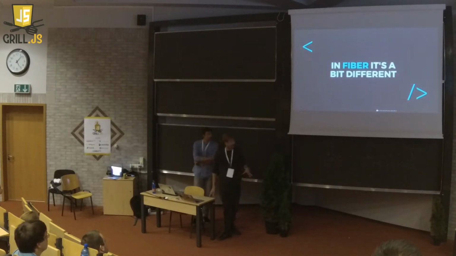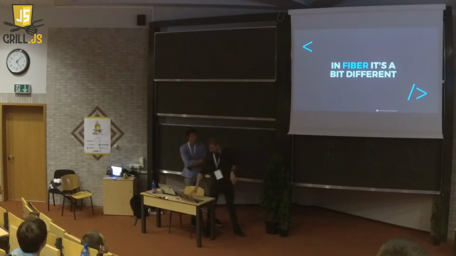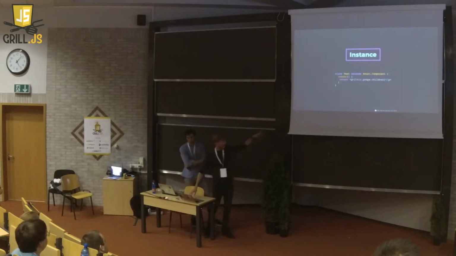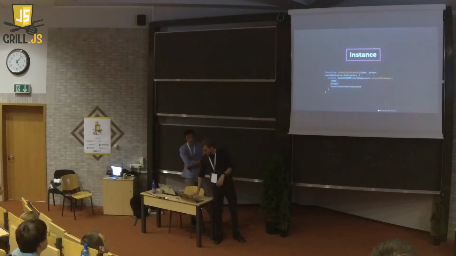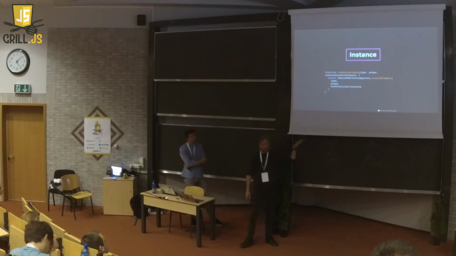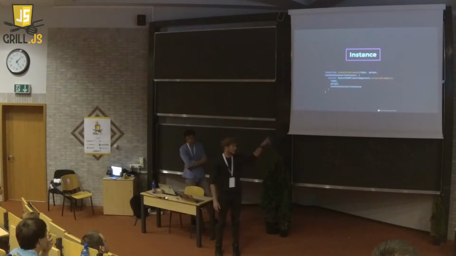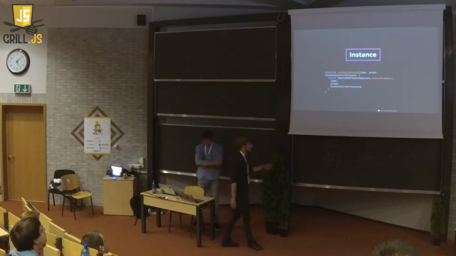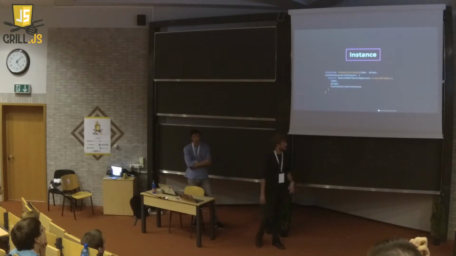Yeah, so in Fiber it's a bit different. Going to the previous slide, instance was referring to the this keyword. And as you can see, instance in Fiber is a bit different. It's just the call over what's returned from create element of the React DOM Fiber component.